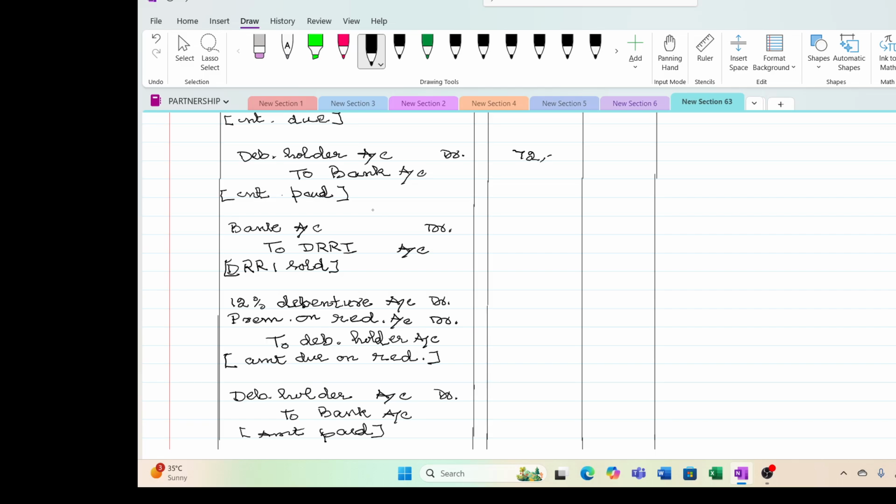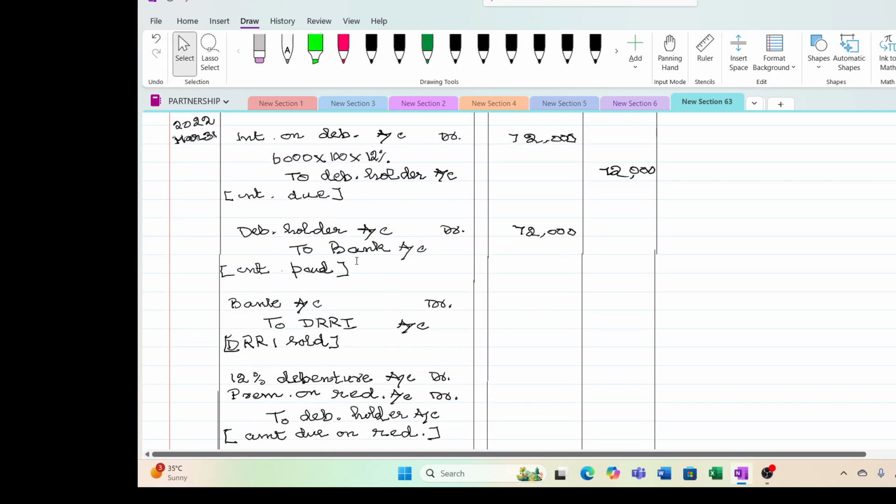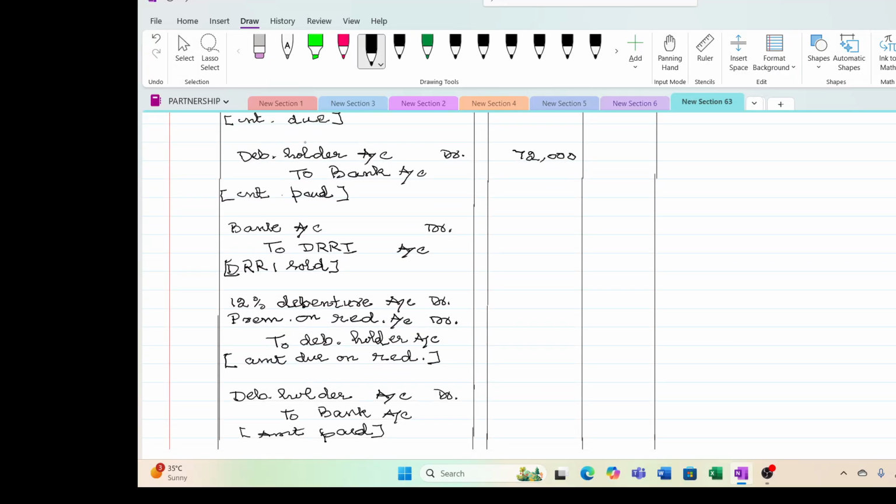Okay, interest is a loss. So we have debited the statement of profit or loss account to interest on debentures account, because interest on debenture is a loss to us and we have to make payment to debenture holders, then at last we have to transfer it to our statement of profit and loss account.